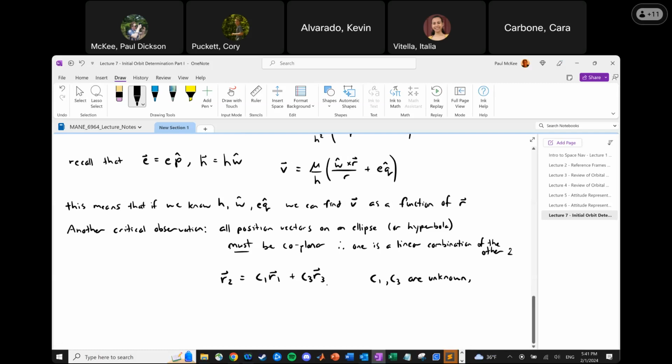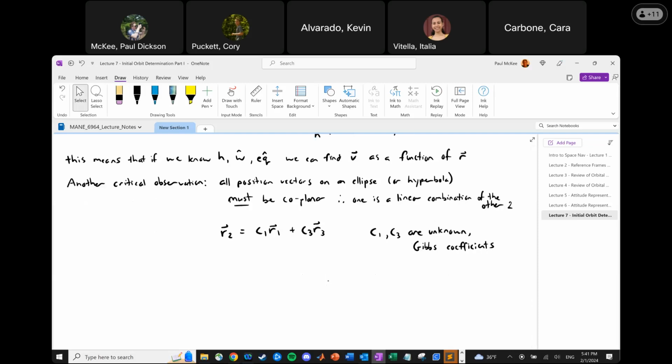And these are what's sometimes called the Gibbs coefficients. Okay. What that also means is if we say R2 projected onto E is equal to C1 R1 transpose E plus C3 R3 transpose E.